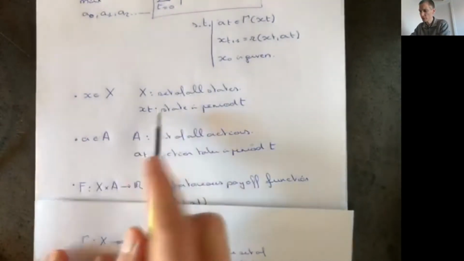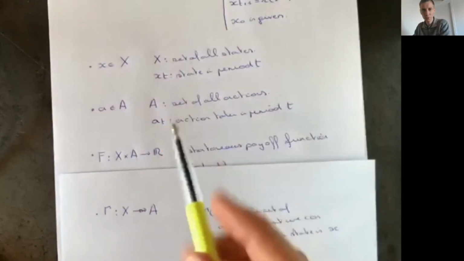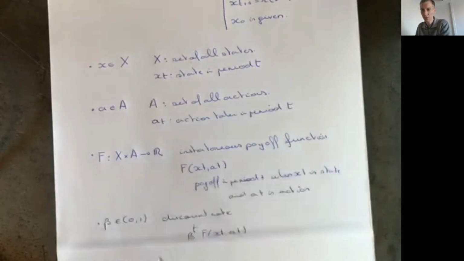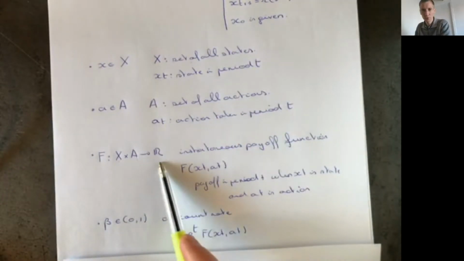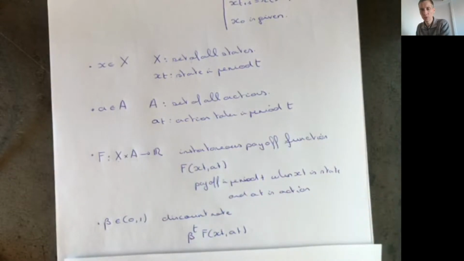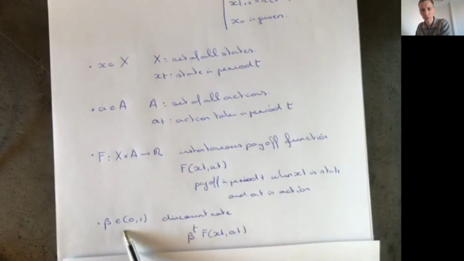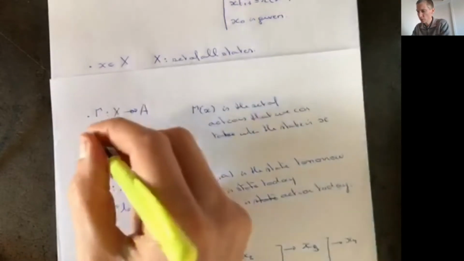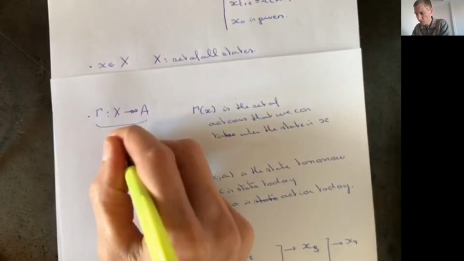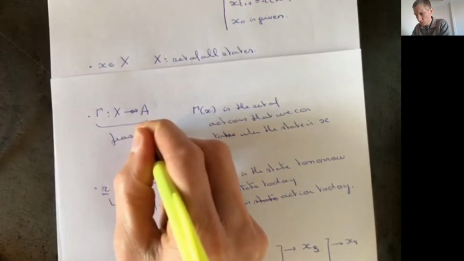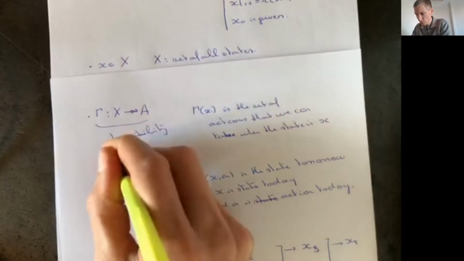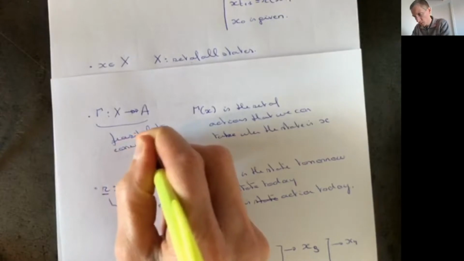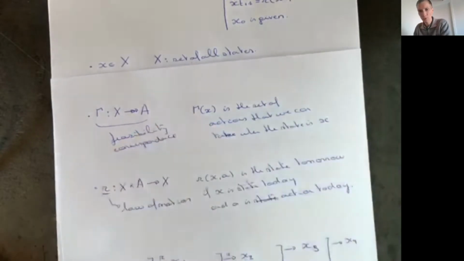Okay, so here we have the different ingredients. We have the state space, a set of all states. We have the action space, set of all actions. We have an instantaneous utility function, which is the thing we're trying to optimize. We have a discount rate. We have a feasibility correspondence that determines what I can do today, given the state today.